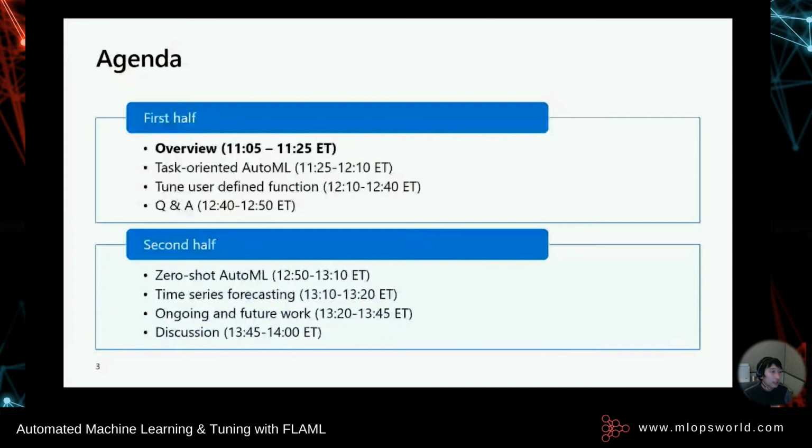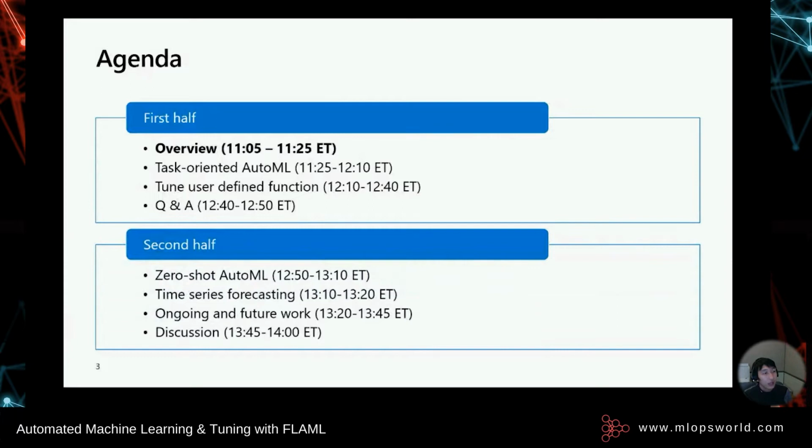Here's an outline of today's agenda. In the first half of the workshop, I will first give an overview, then Qingyun will introduce the two major APIs of FLAML, which cover two types of use cases, task-oriented AutoML and tuning user-defined function. We will have a mini Q&A session after that.